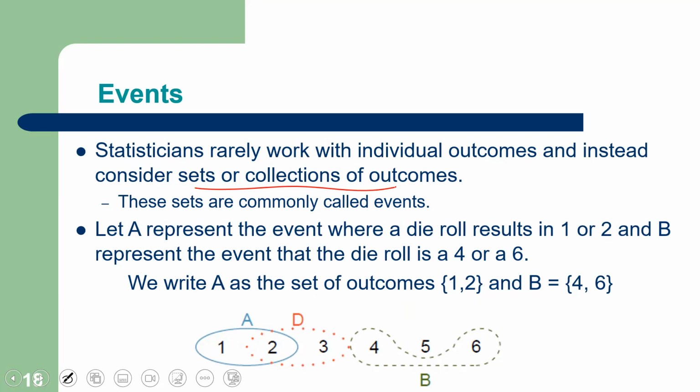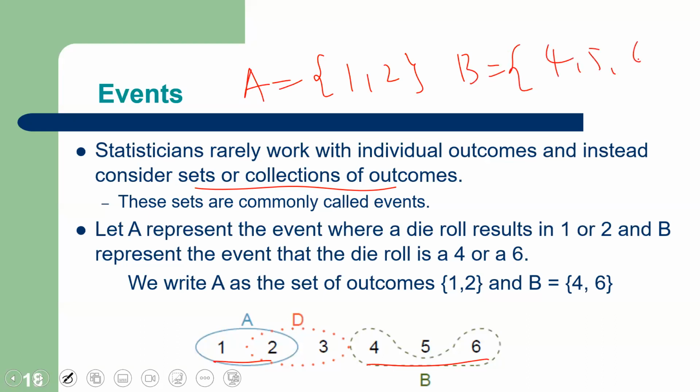For example, if 1 2 3 4 5 6 are our outcomes, I call A my event having 1, 2, and B is one more event having 4, 5, 6 as outcomes. Generally we don't work on individual outcomes, rather we work with collections of outcomes and try to calculate the probability for that whole collection.